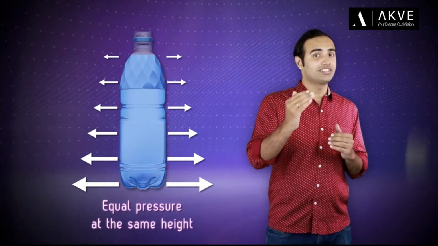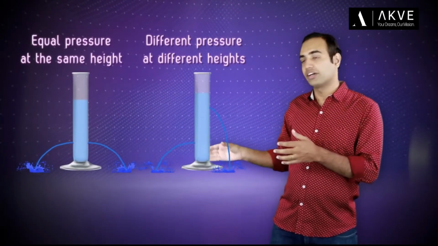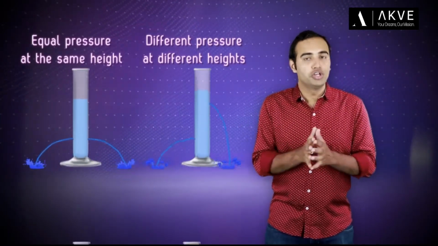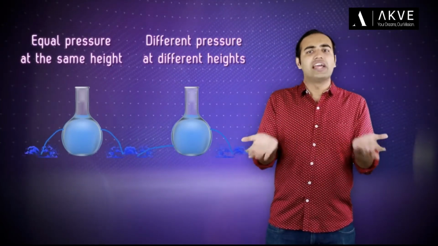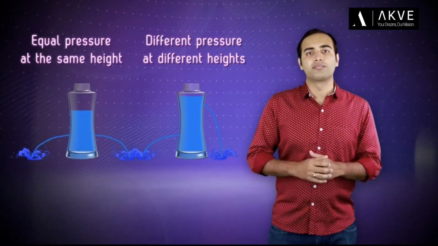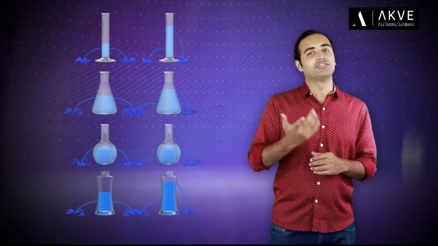Now, what's also interesting about these observations is that they are not just applicable to a cylindrical tumbler, but also to a conical flask, a round bottom flask, or absolutely any irregularly shaped container. Yes, liquids in any of these containers follow the exact same principle, which is low pressure at a higher height of the liquid column and a high pressure at a lower height of the liquid column.